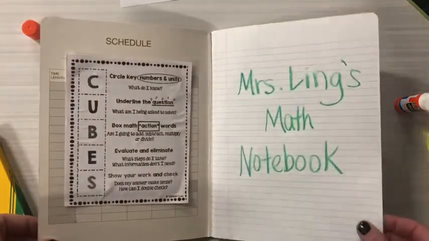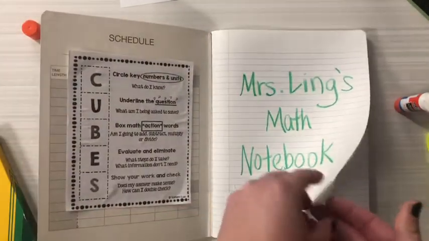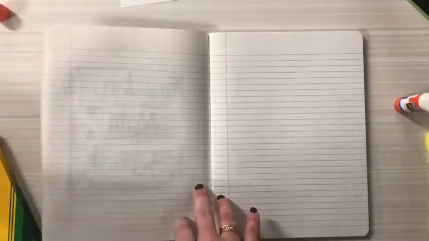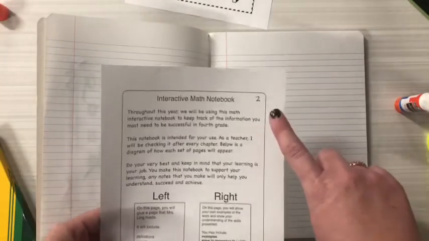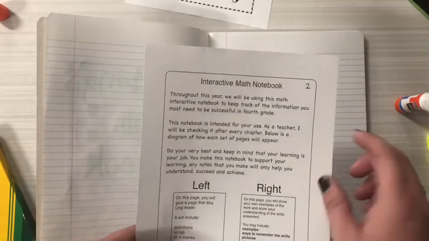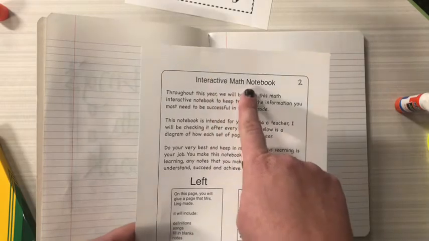Now we're going back to that title page. Make sure you're only grabbing 1 page at a time. Flip the page, so now we're once again on the back of the title page. The next page that we're going to be gluing is the page that says page 2. Page 2 is going to explain how we're going to be using our interactive math notebook.